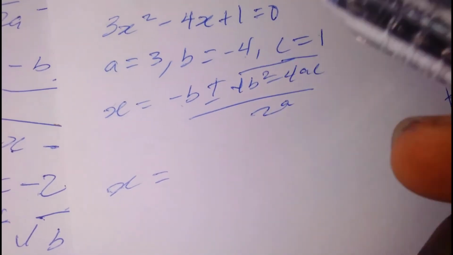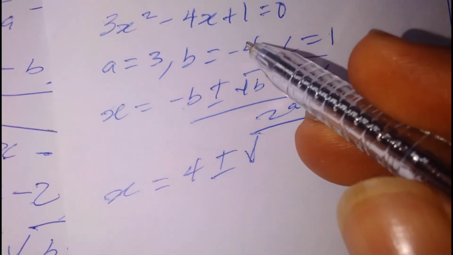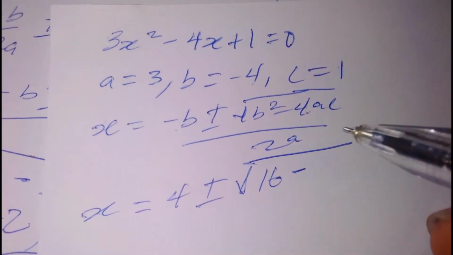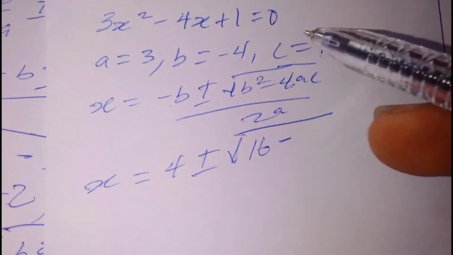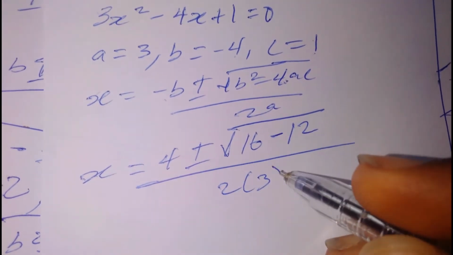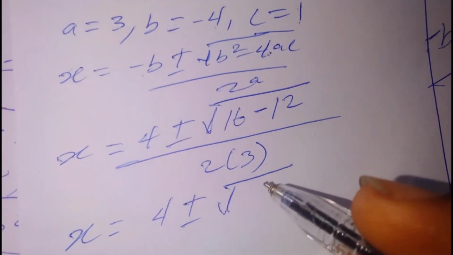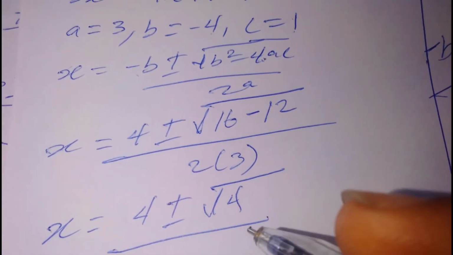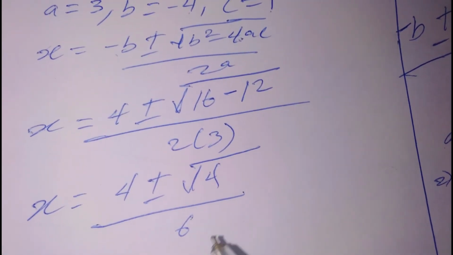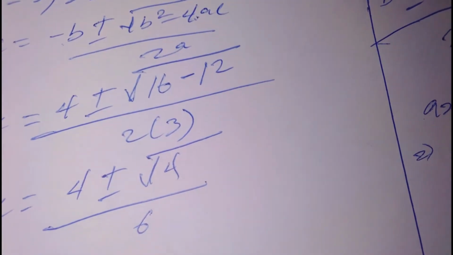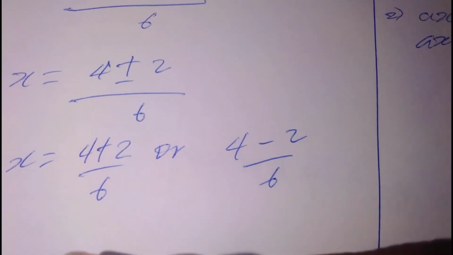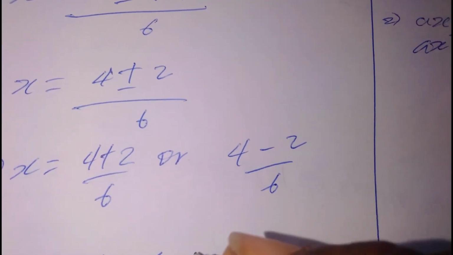So minus times minus 4, that's positive 4, plus or minus root of minus 4 squared, that will still be 16, minus 4 times 1 times 3, that's minus 12, all over 2 times 3. x equals 4 plus or minus root 4 all over 6. x equals 4 plus or minus 2 all over 6. Therefore, x equals 4 plus 2 over 6, or 4 minus 2 over 6. x equals 1, or 2 over 6, that's 1 over 3.